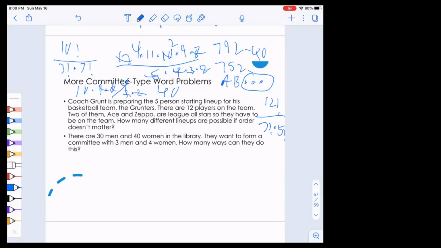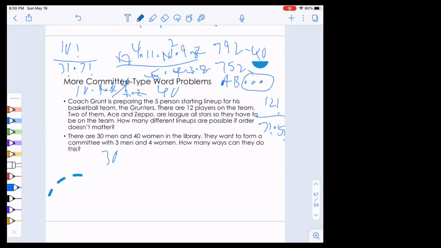For the second one, there are 30 men and 40 women in the library. They want to form a committee with 3 men and 4 women. How many ways can they do this? First we pick 3 from 30 for the men.